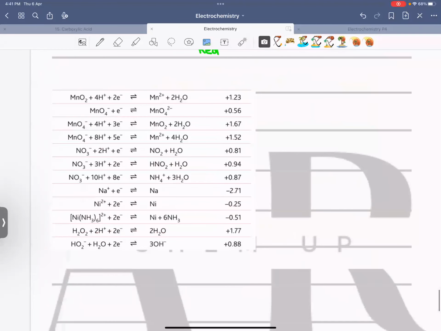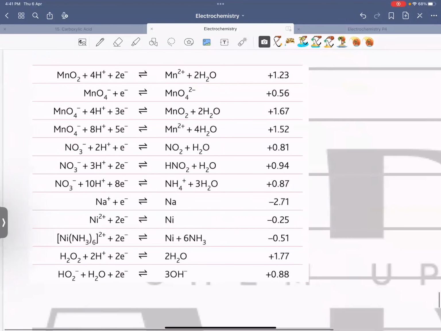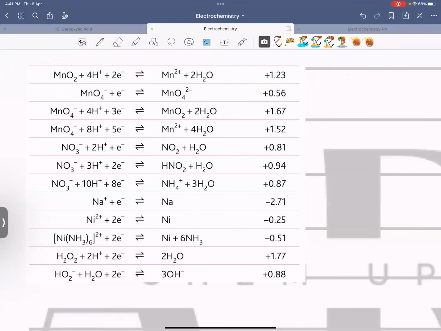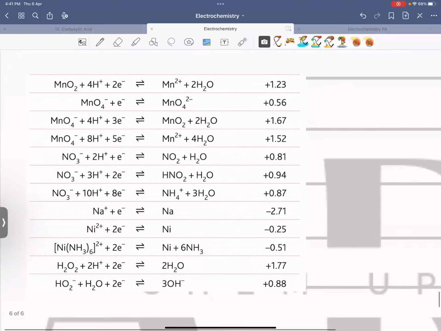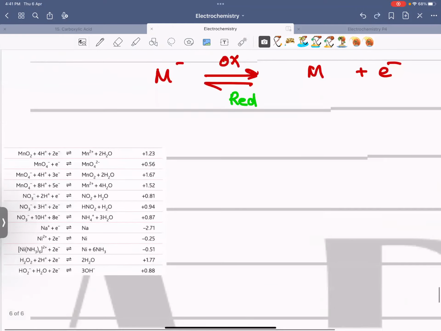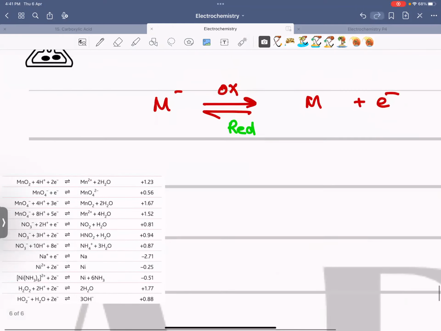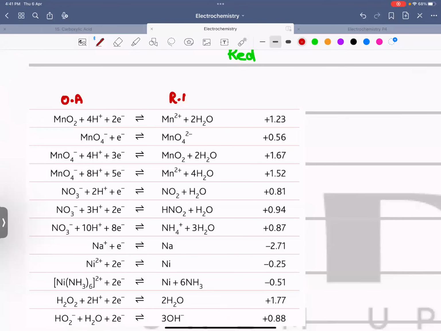See, all of these equations are in terms of reduction as the forward reaction, because the electrons are on the left hand side, and all of these equations have oxidation as the backward reaction. So remember, these all are oxidizing agents and these all are reducing agents.